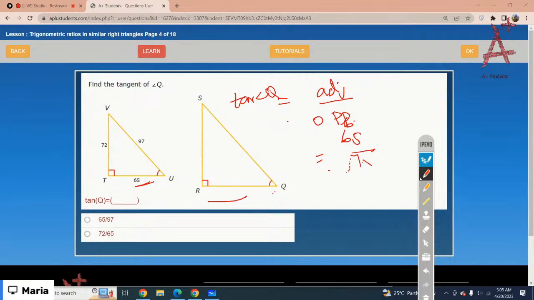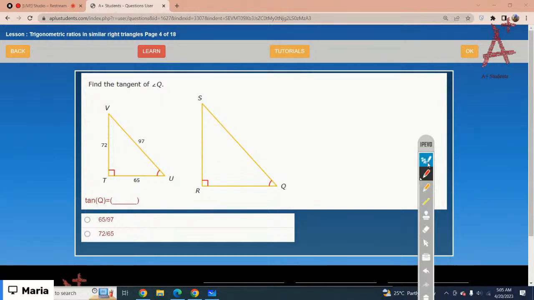Hold on, let me just do it again. Tan Q is opposite over adjacent. Got it?